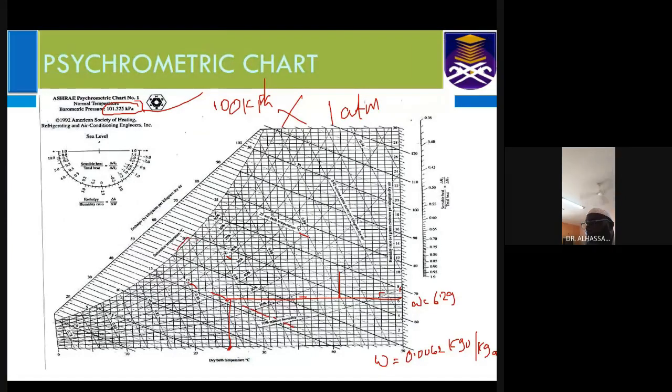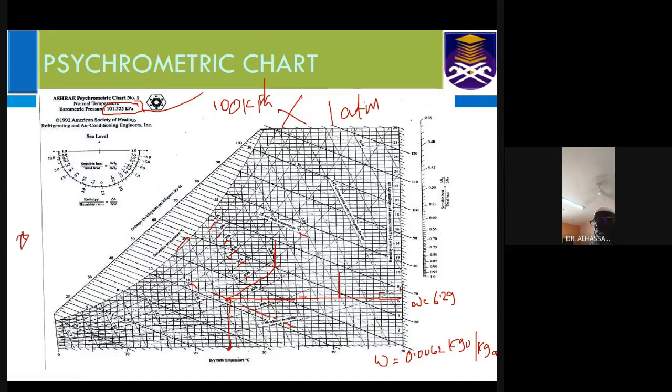This is 100, 90, 80, 70, and we have 60, we have 50, 40. So it continues to decrease all the way. So over here, you discover that our relative humidity is between 40 and 30. Okay, so I'll take approximately 35%.